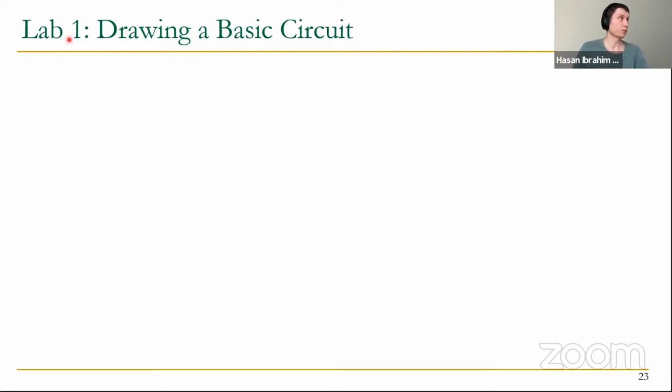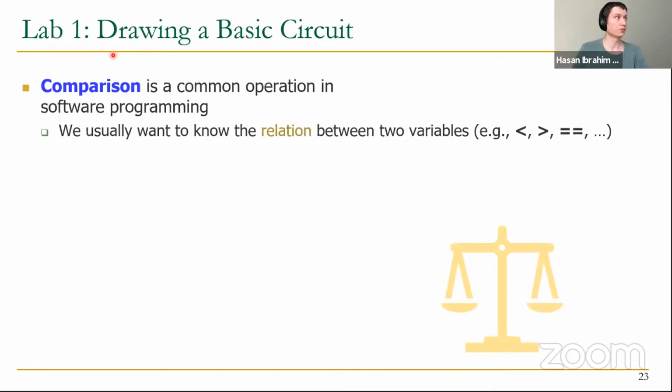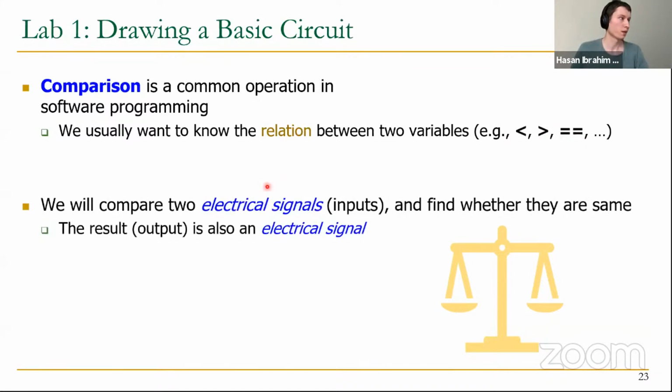Okay, so let's start with the first lab. This is the simplest thing we can do. We will start very simple. We will draw a basic circuit. It will be a comparison circuit where we will learn how to compare numbers. Basically, a circuit that tells whether the first number is smaller or larger than the second number, or whether two numbers are equal to each other.